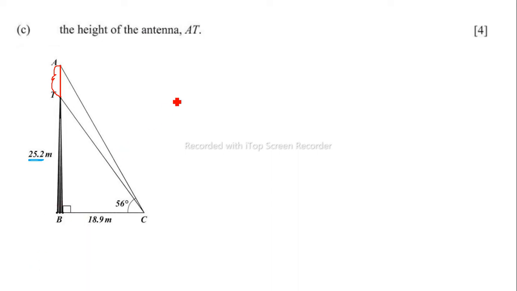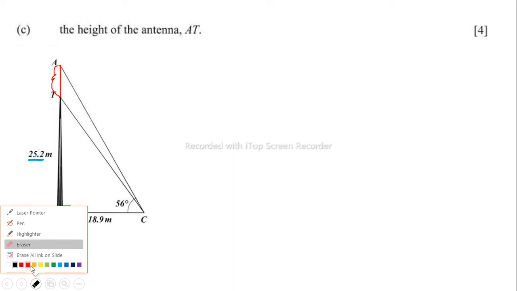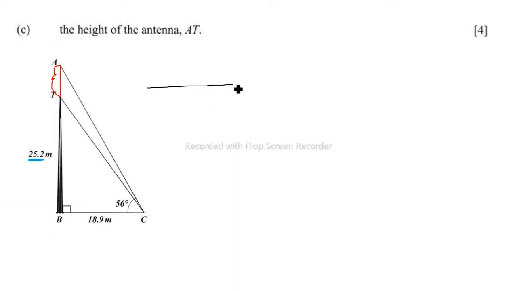Basically, if we were to put it flat, this is the length of the entire line AB, but only a small portion, this red part. Sorry, let me do it another way. Let me do it as BA.